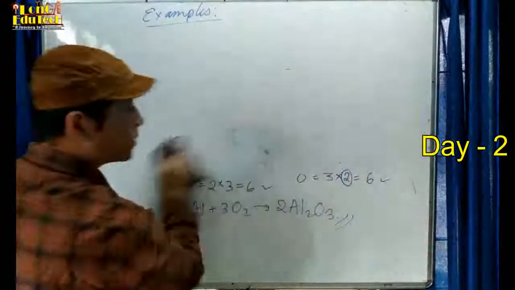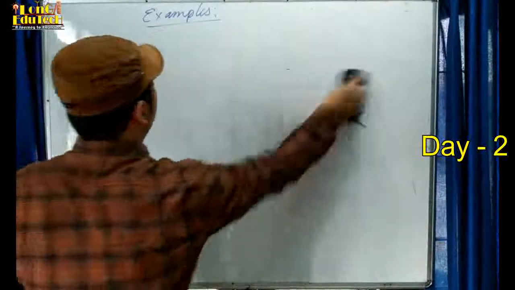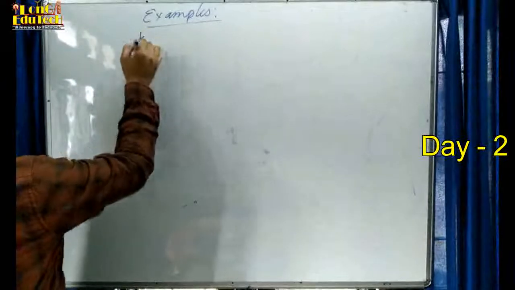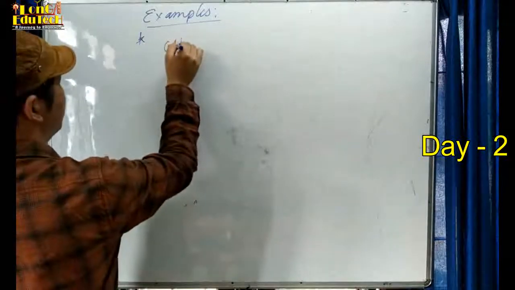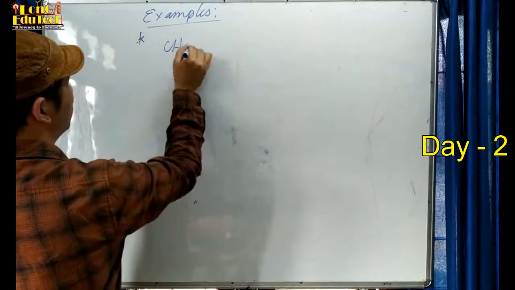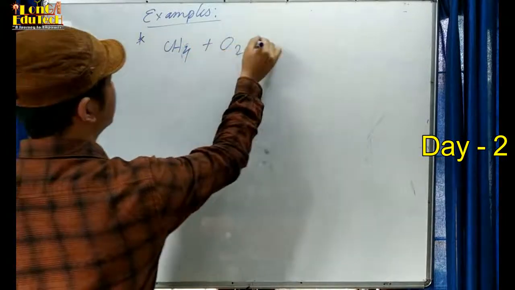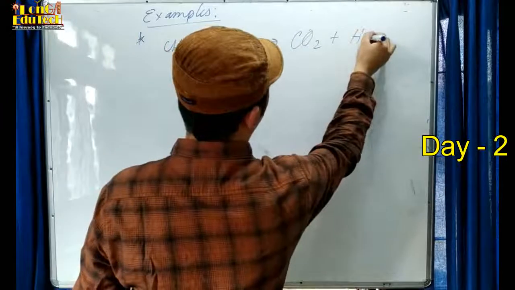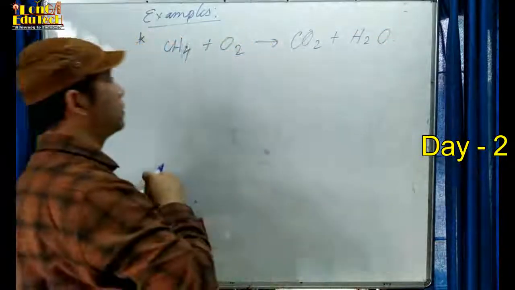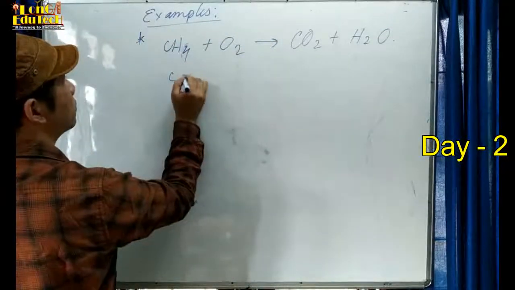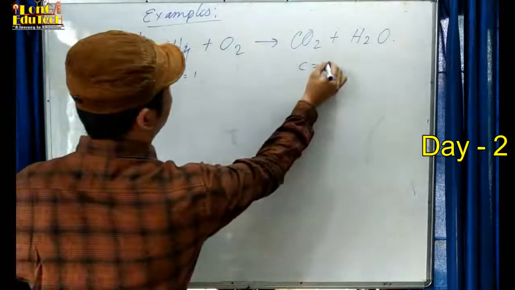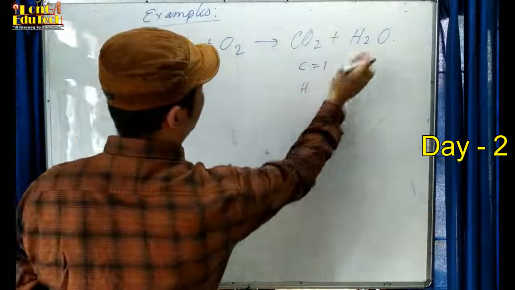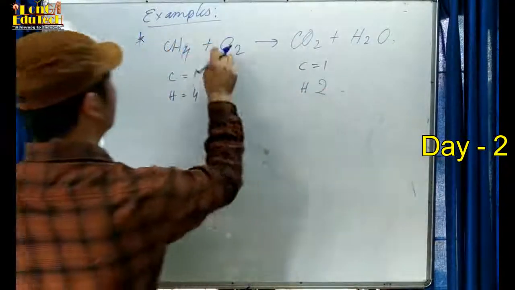Some contradictions used to come. In such an example, say another example of the same type: methane CH4 burns in oxygen to form carbon dioxide plus water. Carbon 1, hydrogen 4, hydrogen how much? 2, right?